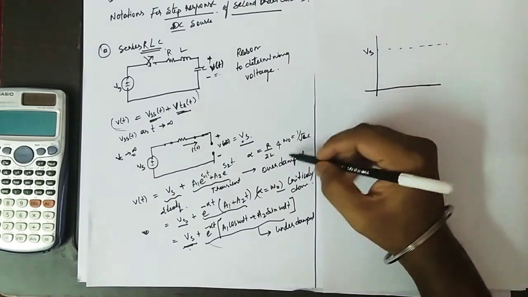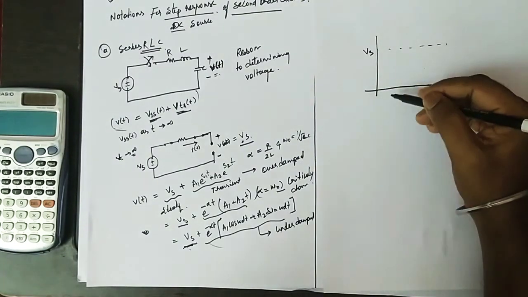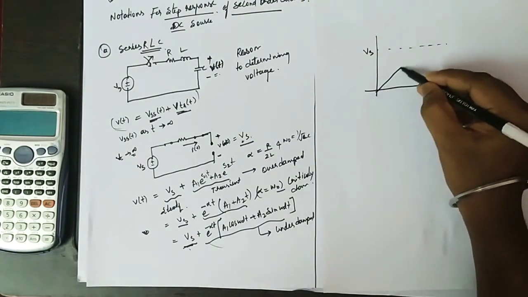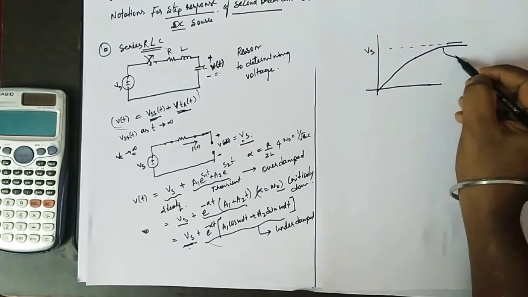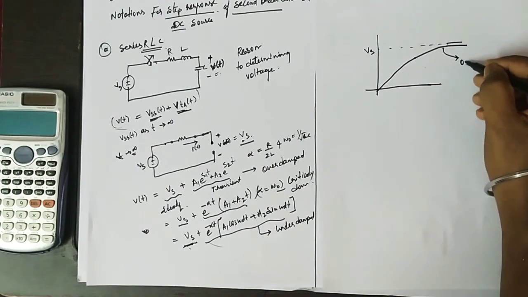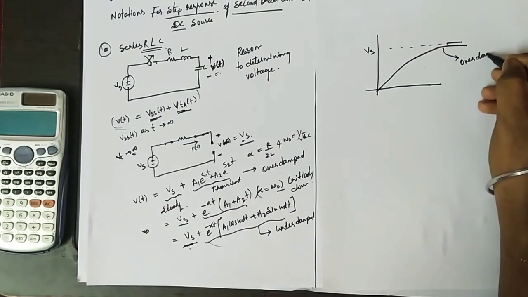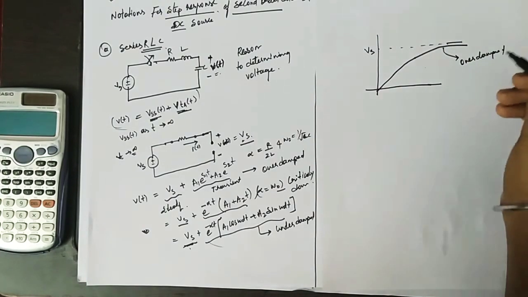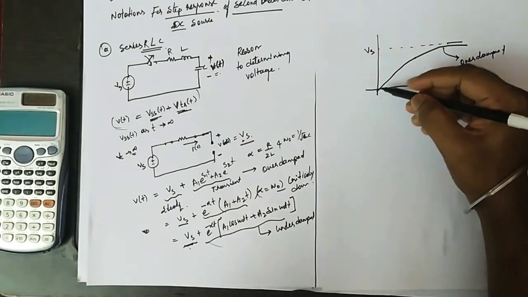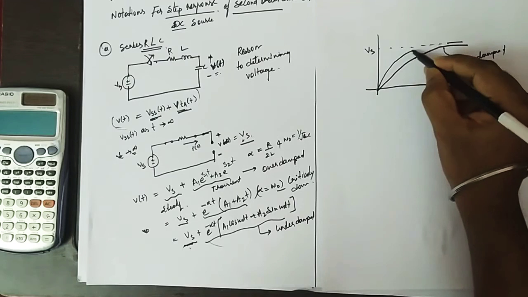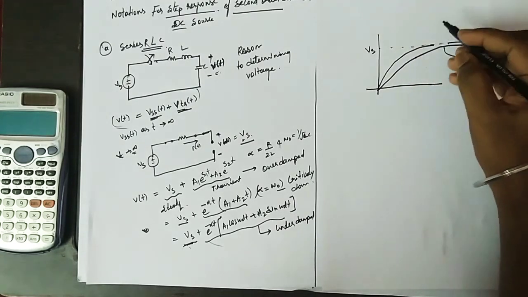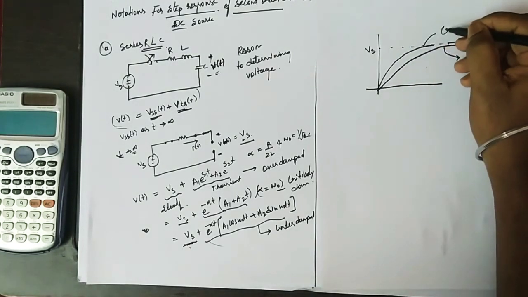For overdamped, the response will be like this. This is the overdamped response. And for critically damped, it will be like this. This is critically damped.